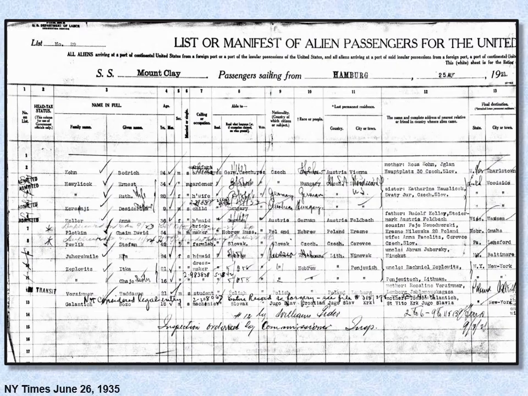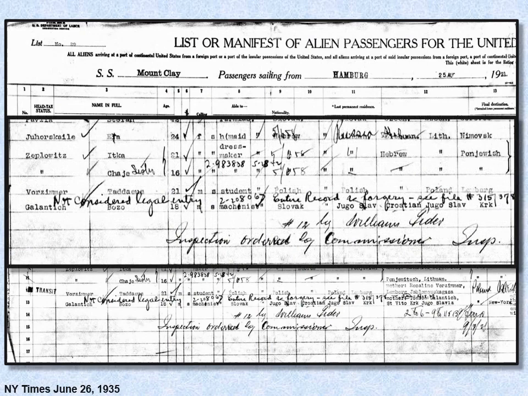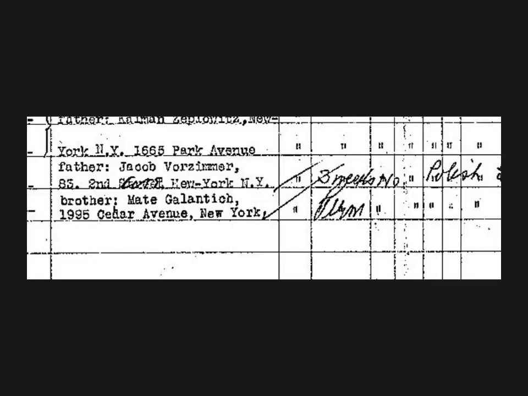So here we have the manifest of the Mount Clay, and on the bottom where there are a bunch of blank lines, it says that Bozo Galantish, this line is not considered legal entry. The entire record is a forgery. And if we look at this, actually this is the second page, because there was a 2-page immigration manifest.